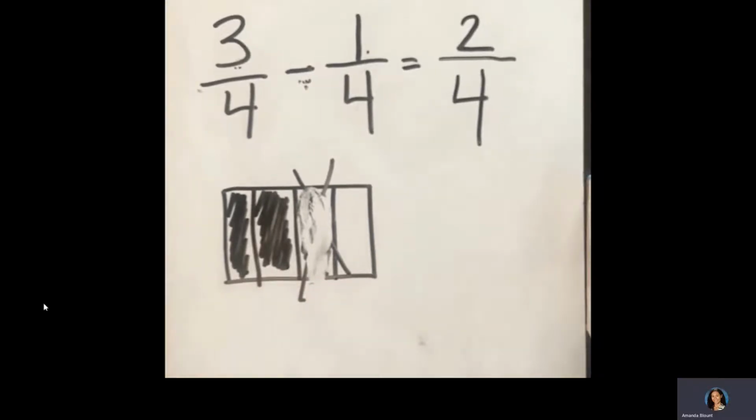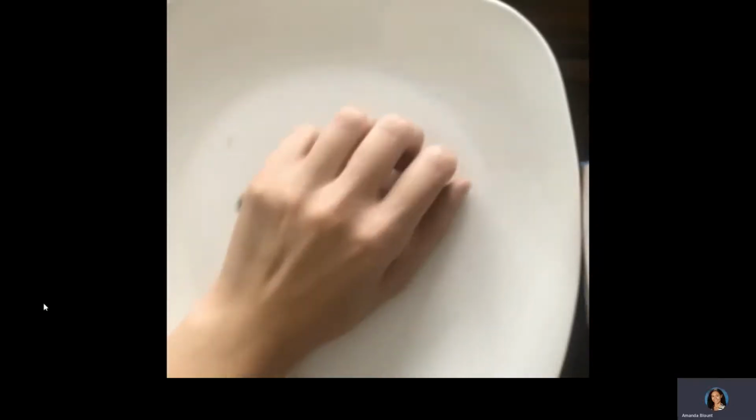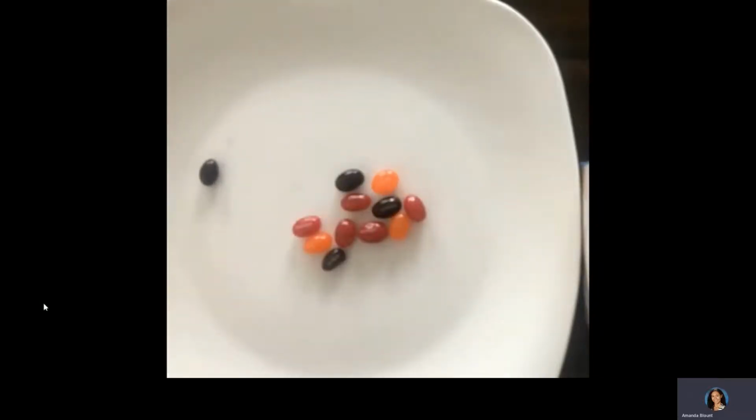Let's look at some real-life examples of fractions next. Now I have jelly beans on the plate. We're going to figure out what fractional part of each color jelly bean we have. But first we have to find our total number. How many jelly beans do we have all together?